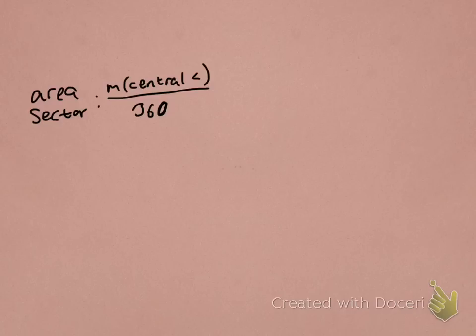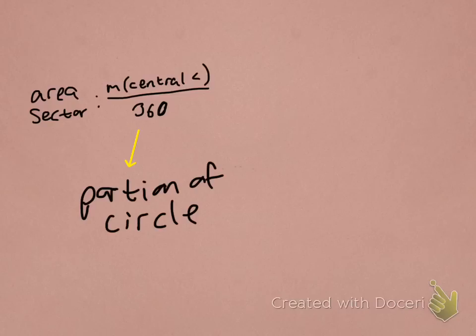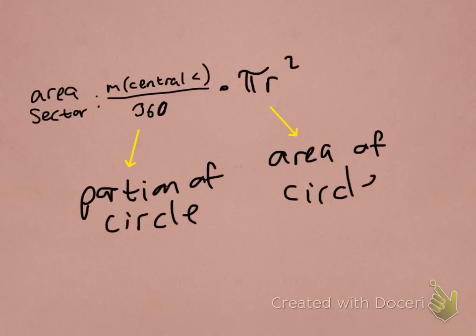This is the portion of the circle that we're talking about, times, well, if I'm looking for the area of the sector, you would do times the area of the circle, which is just pi r squared. So what this represents is the area of the circle. So it's the portion of the circle times the area of the circle.